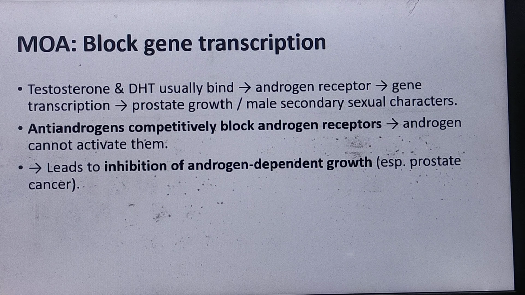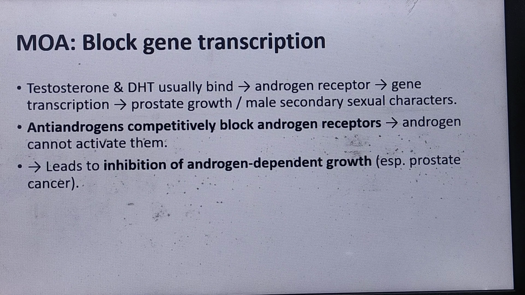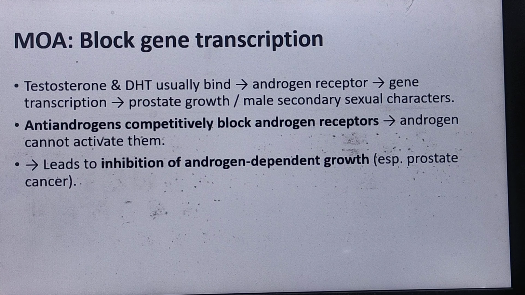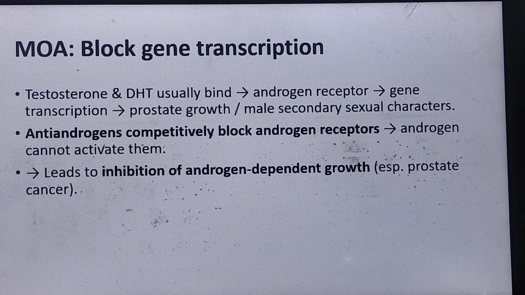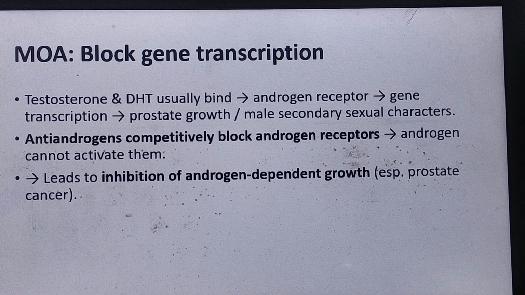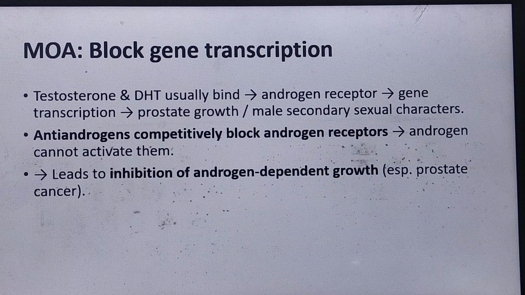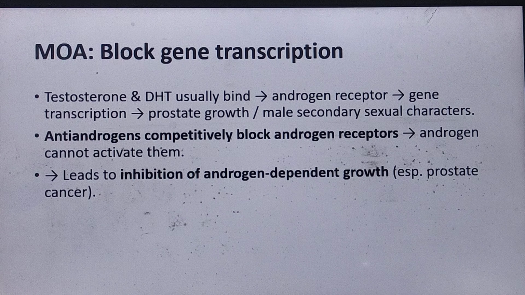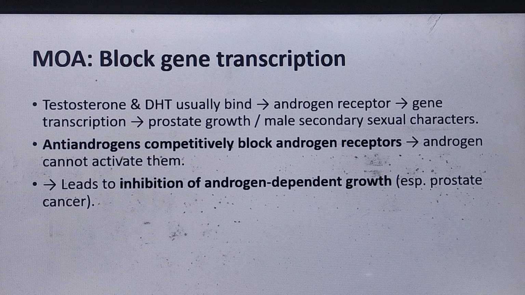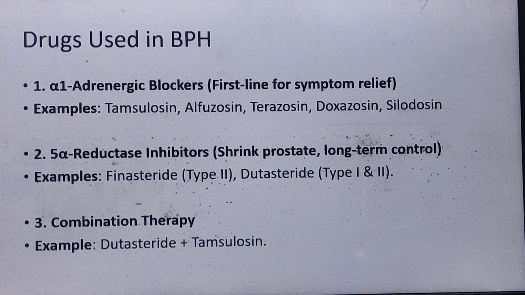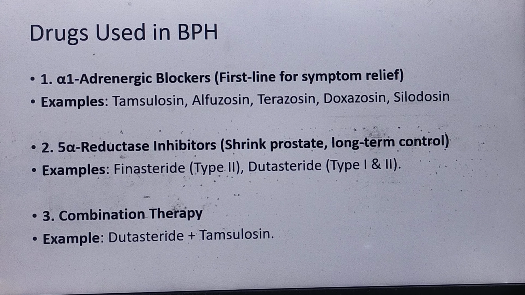The anti-androgens or the androgen receptor blockers, they block these receptors, and this leads to inhibition of androgen dependent growth, especially in prostate cancer. So these androgen receptor blockers are commonly used in the treatment of prostate cancer. These are not used in the treatment of benign prostatic hyperplasia.